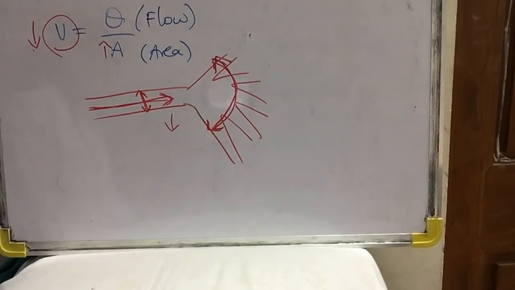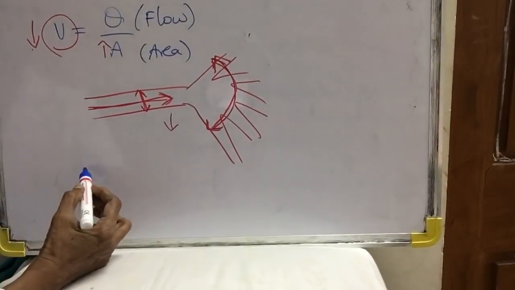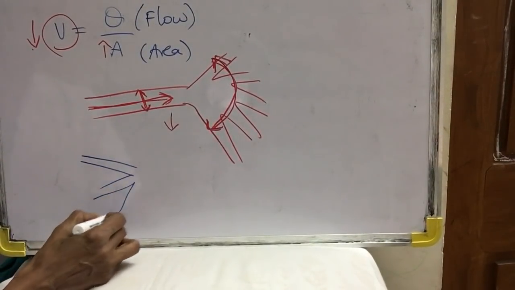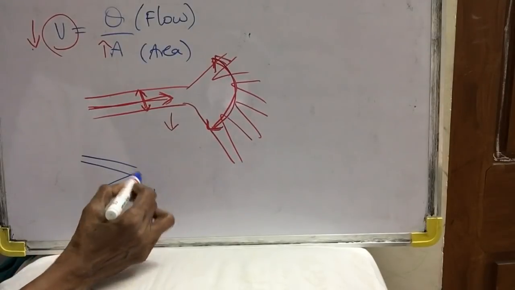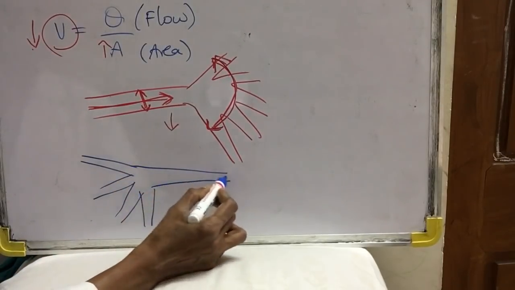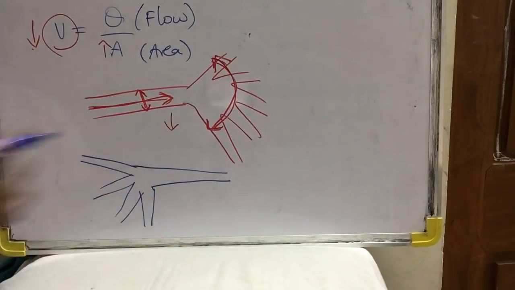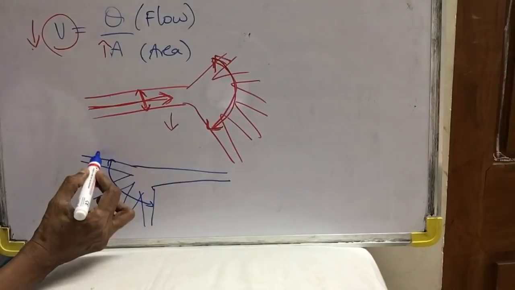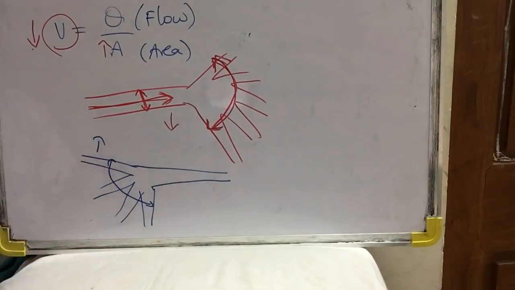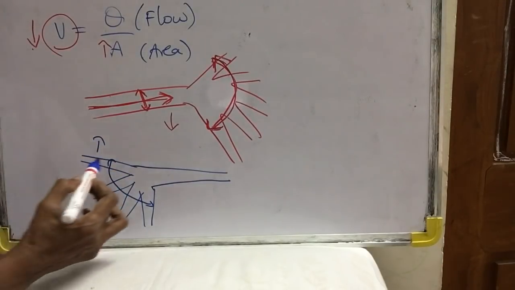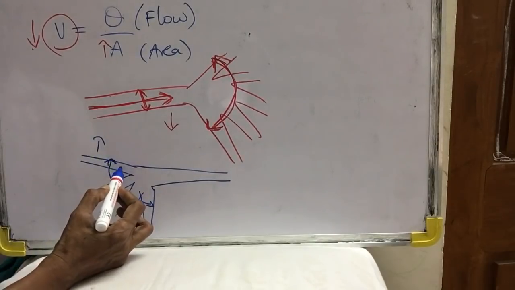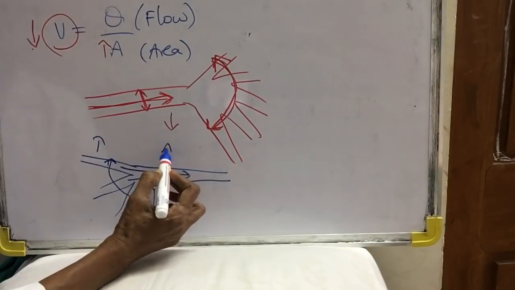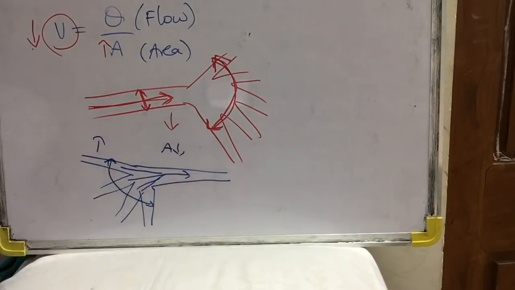If we see the same thing in veins, here venules will join to form veins, and the cross-sectional area of the venules is more, so the velocity here will be less. And as they are joining to form the veins, the cross-sectional area is decreasing in the veins.